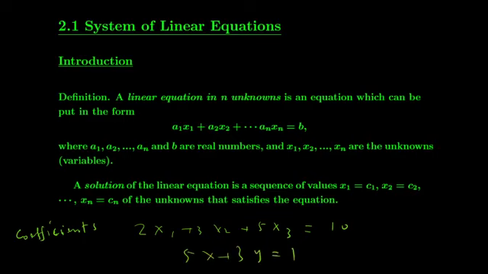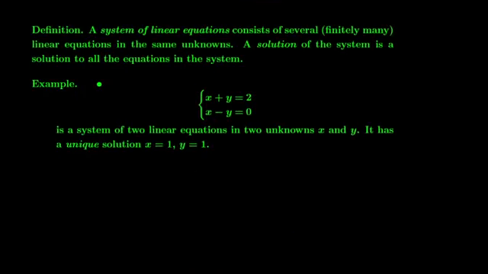The full sentence is a linear equation with two unknowns. For any equation, we can talk about the solution to the equation. Now we're talking about what we mean by the solution.